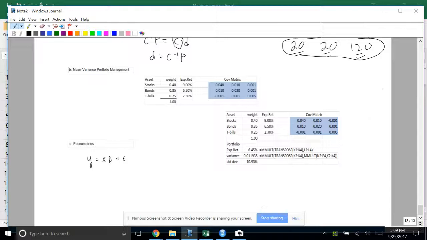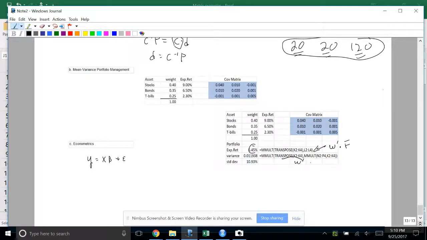Look at this. This formula right here is the weight transpose times the R bar, and it's this times that. So it's a 6.45% return.